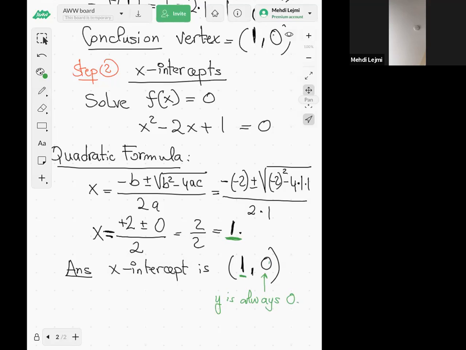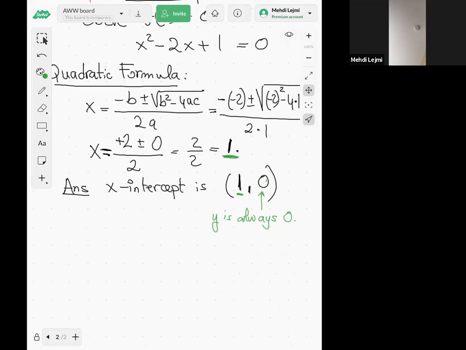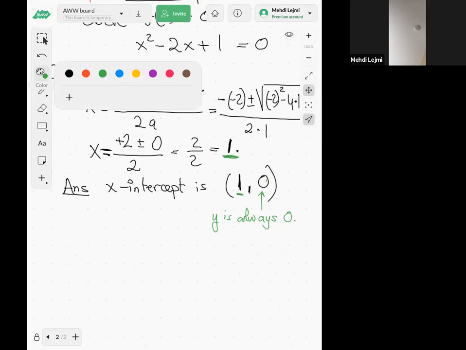Now the y-intercept. That's step number 3.